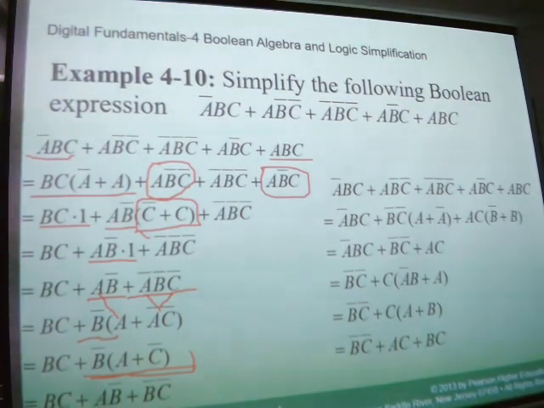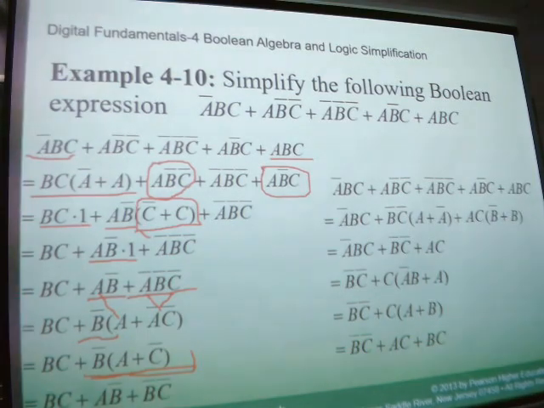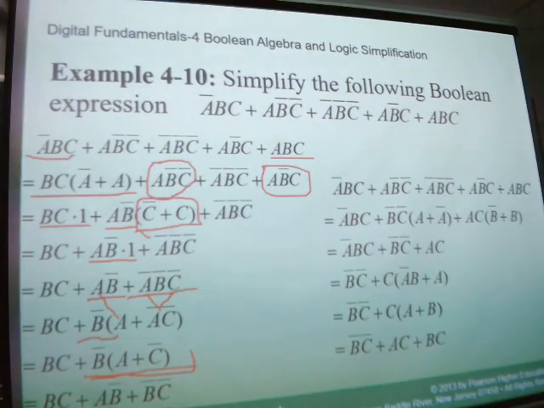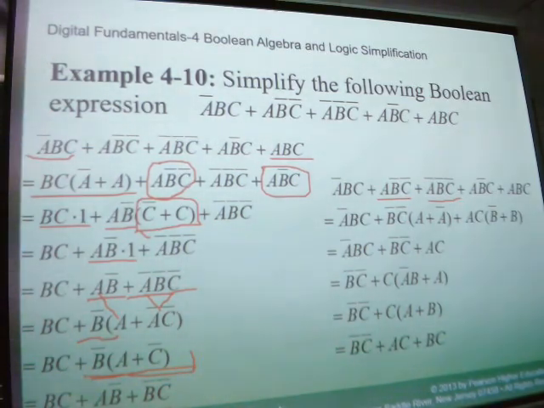The second form. We find that the second term and the third term have the common factor B bar C bar. So they can be written as B bar C bar and A plus A bar.